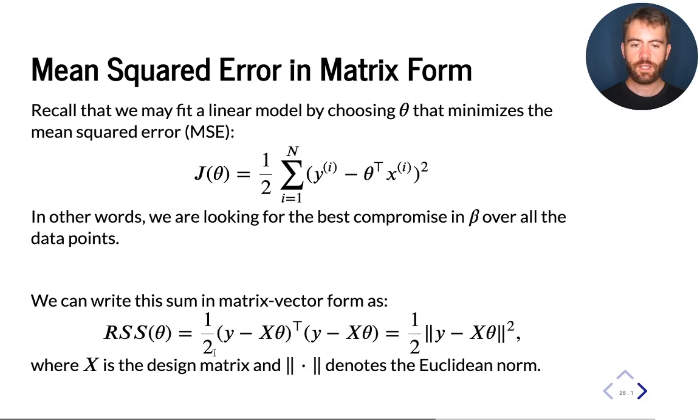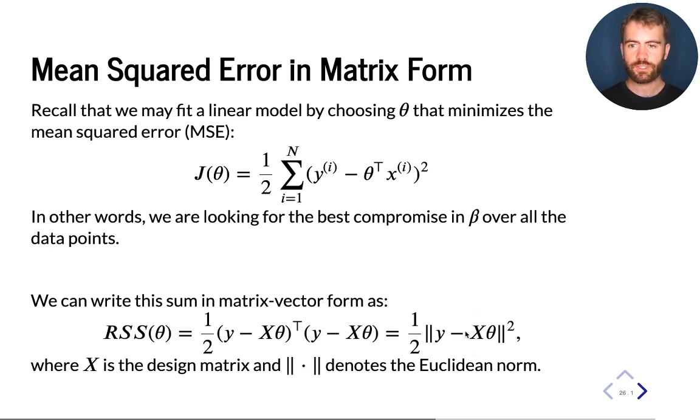So in other words, here we have rewritten the mean squared error in this particular form, which is simply a dot product between two vectors that perform the same operation, but we're just writing this using a more compact matrix notation.